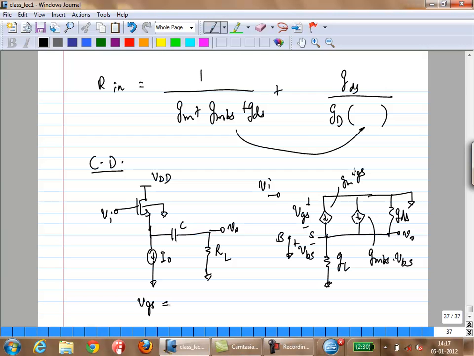Let's just quickly write down the expressions for VGS. So VGS is nothing but VI minus VO. Okay, this helps a lot. If you just write down simple expressions and then substitute them later, it's a lot easier. You won't make any mistakes.